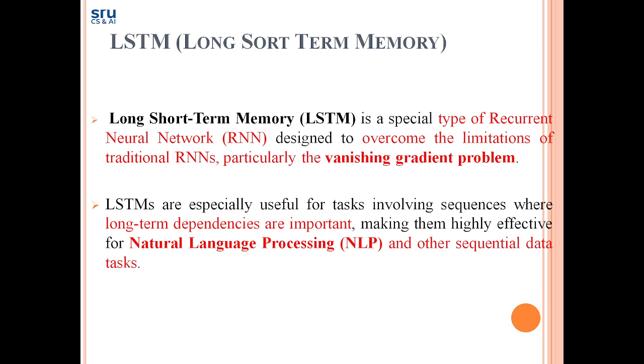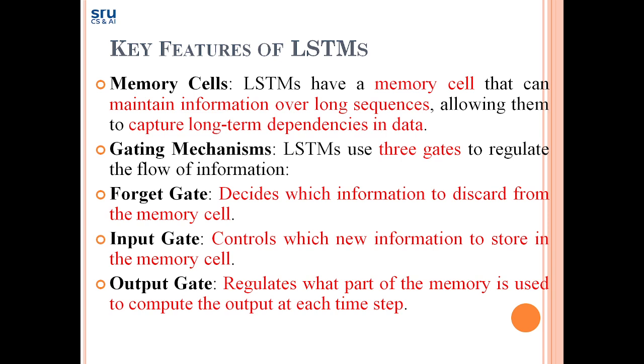To remove these issues, we have LSTM, which is called long short-term memory. It is used to overcome the limitations of traditional recurrent neural networks, particularly the vanishing gradient problem. LSTMs are useful for tasks involving sequences where long-term dependencies are important, from natural language processing and other sequence data tasks.